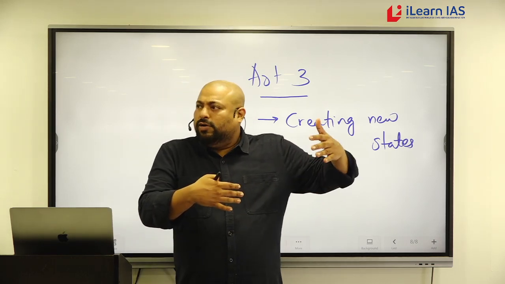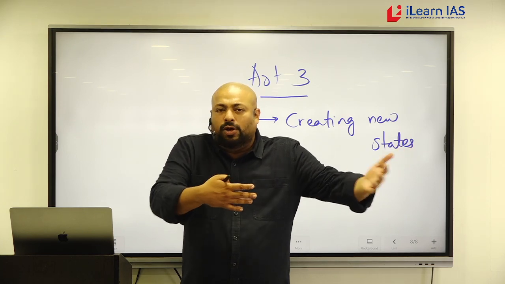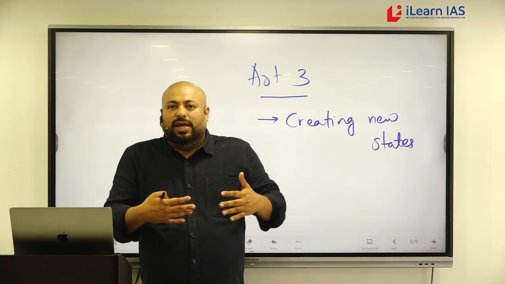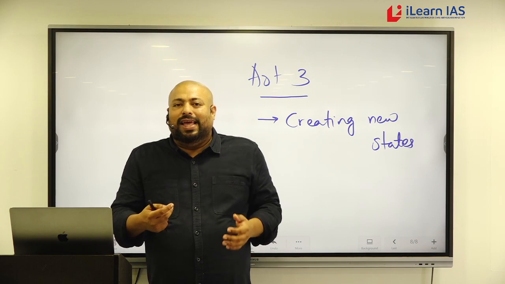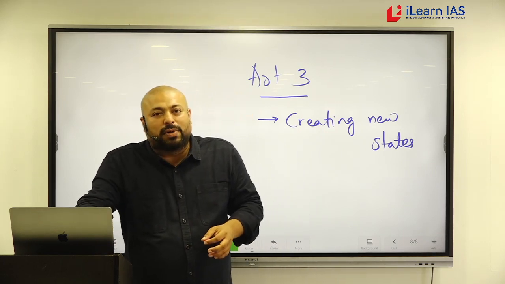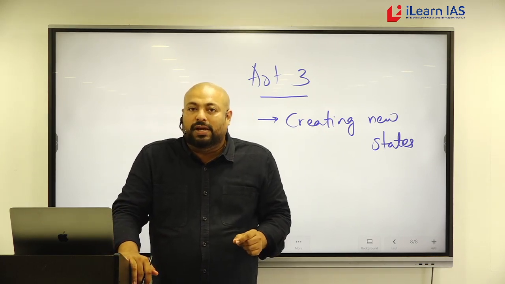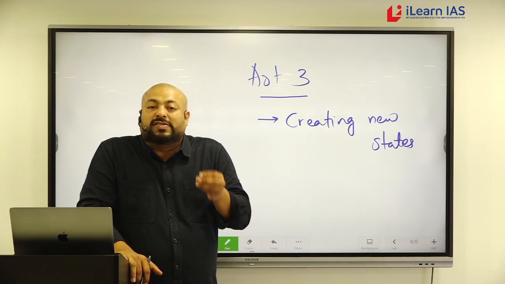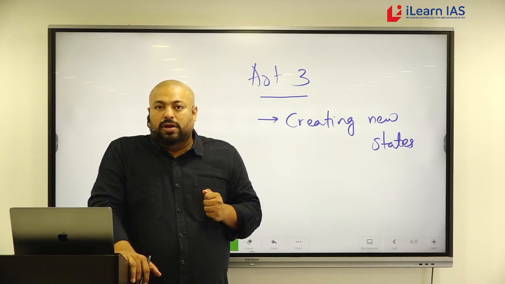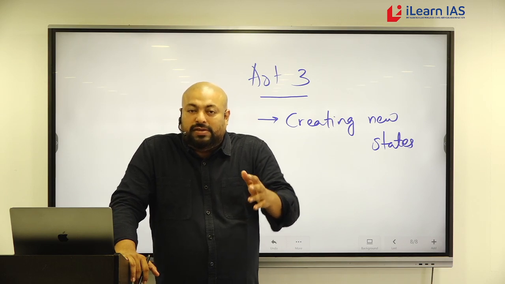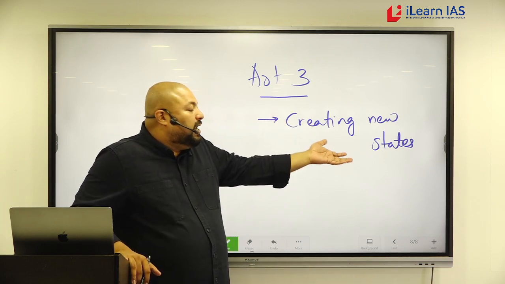So we have one Kerala in the north and one Kerala in the south. North Kerala and South Kerala. And this can be done by whom? It can be done by the Parliament. And for that, the Parliament just needs to make a law. So such internal readjustments, and thereby creating new states.